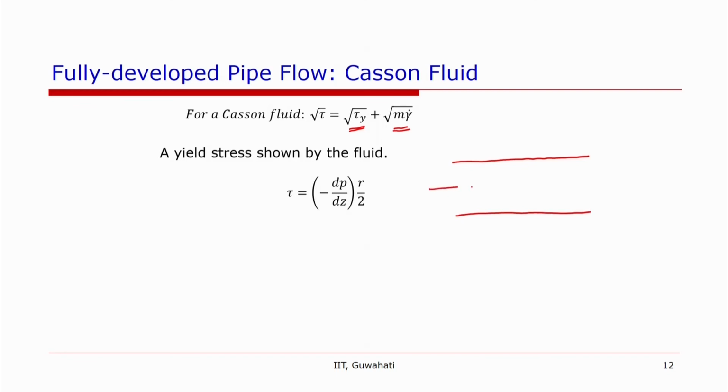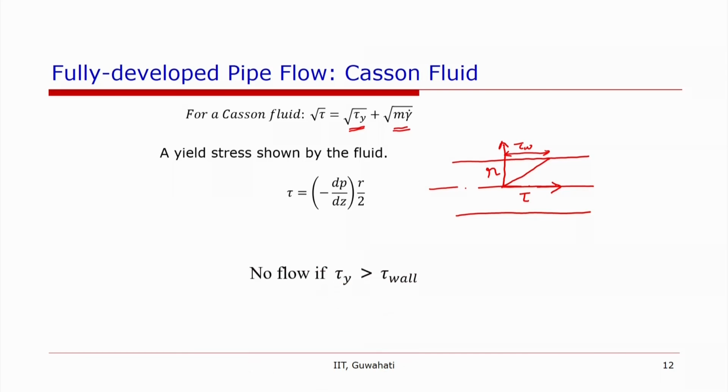If I plot this on an xy graph, with radius on the y axis as shown in this figure, and tau, then from this relationship tau will be 0 at the center, then it will increase and become maximum at the wall. Let us call this value tau wall.